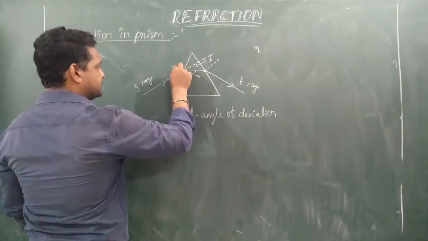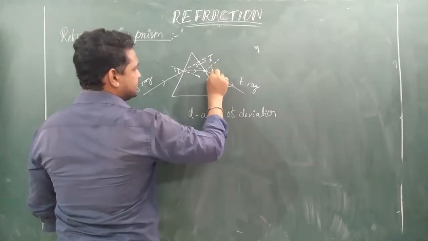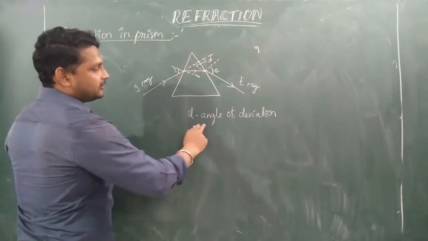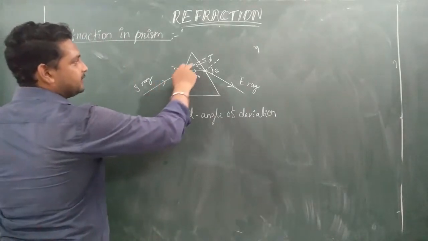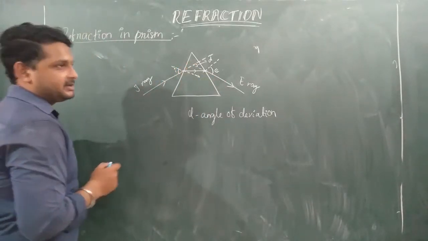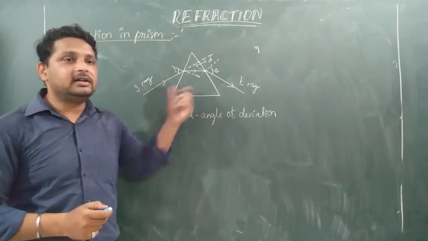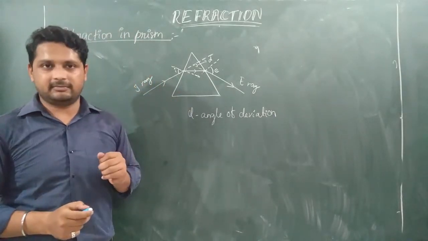This is the angle of incidence, this is the angle of emergence, and this is the angle of deviation. It means the light deviates by this much angle for a prism. So this is how refraction occurs in a prism.